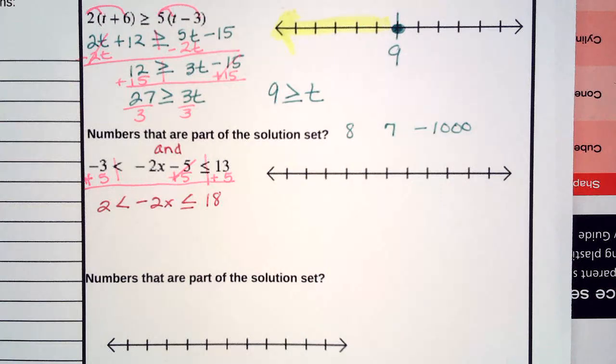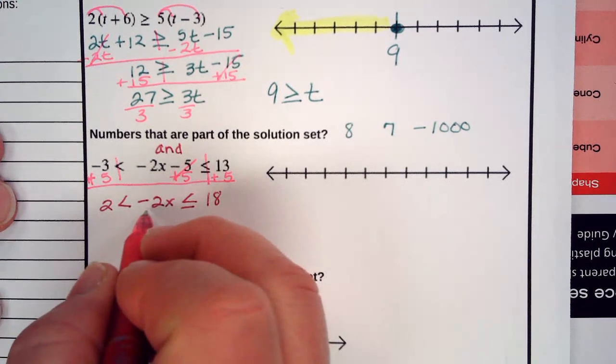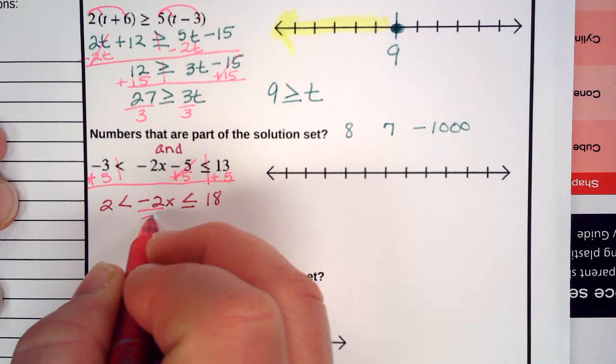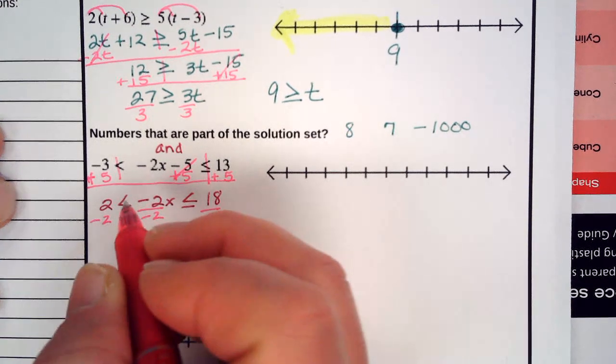Okay, now, remember how I said we just have to tweak it a little bit when we're doing inequalities? Well, one of the rules is if you divide by a negative number, it flips your sign to the other way. So I'm going to divide by negative 2, negative 2, negative 2.